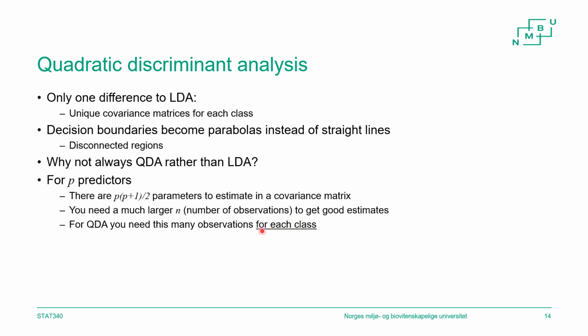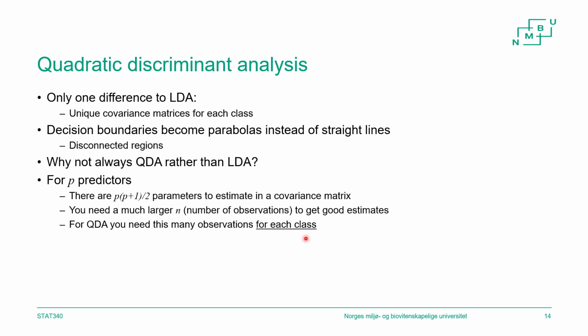And it's not enough to have a lot of observations in total for QDA. Notice that. You can have millions of observations for one class, but if you have only 2 observations for another class, you are lost. Because you need many observations for each class. And that is the limit for QDA.